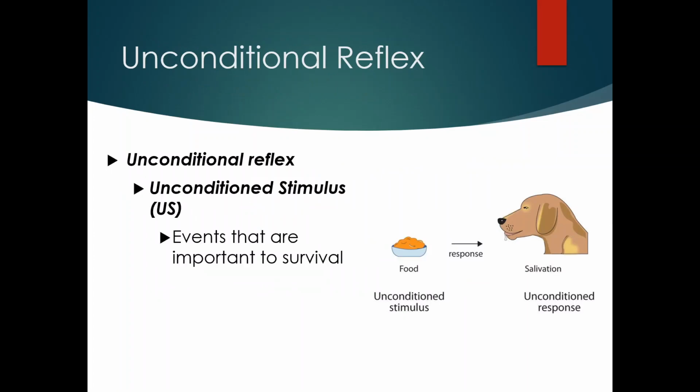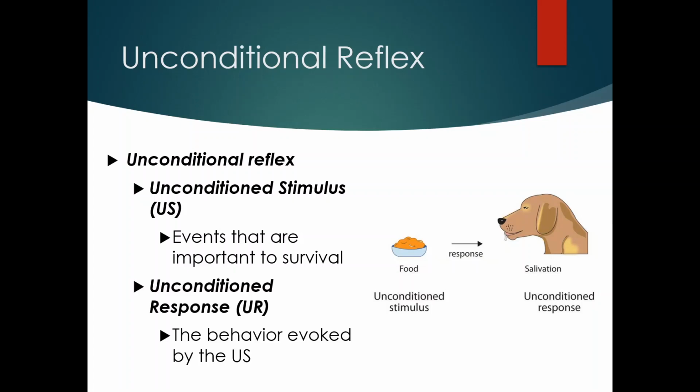We also have the unconditional reflexes. Just to summarize, we have the unconditioned reflex, which causes the unconditional response. Okay? So that unconditioned reflex is the process between the unconditioned stimulus and the unconditioned response.